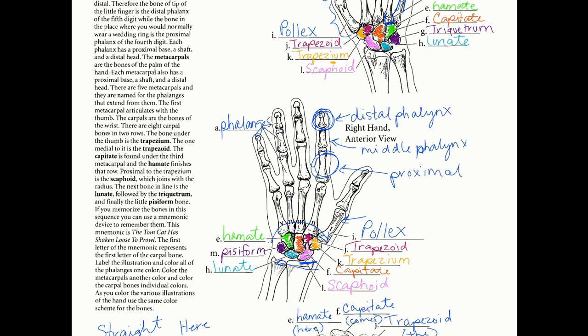So not only do we talk about each individual finger with a number, but we can talk about each bone that makes up the finger. Now the thumb or the pollex is a little bit different because we don't have a middle one, we just have distal and proximal. But how we discuss these bones is pretty simple once you know how they're numbered. So for example, I'm going to shade in this one here.